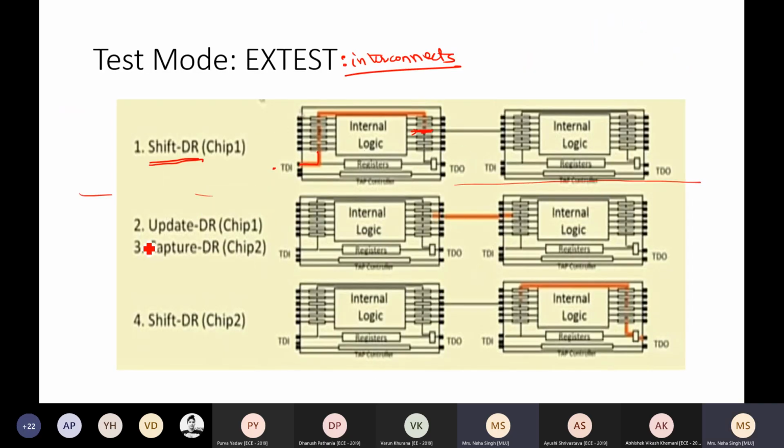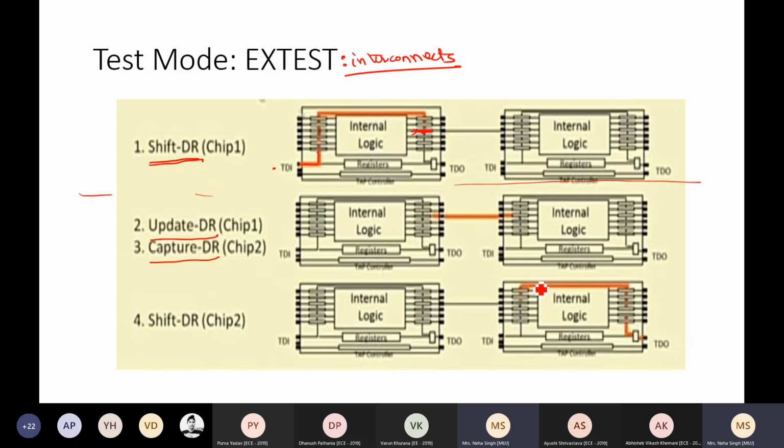So what I do is I update the DR for chip 1 so that the data is transmitted, and for chip 2 I use the capture mode, that is I start saving the value in QB, right? So my signal went from here, it reached the other scan cell, and came at its input, okay? Now what I need to do is read it at the output.